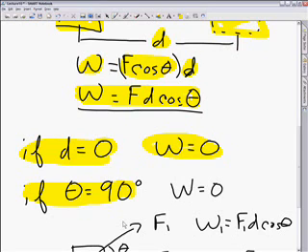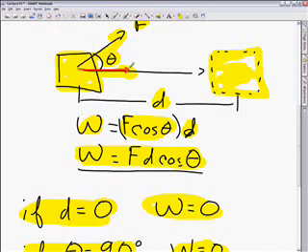Now, in this case, the force you're using to hold up the book is pointing up, and that's equaling the force going down, mg, and your displacement is in your direction of motion. But since the force is perpendicular to the displacement, our cosine theta now equals 0, and our work will then again be equal to 0. Our force is not in the direction of the displacement. No component of the force is in the direction of the displacement.